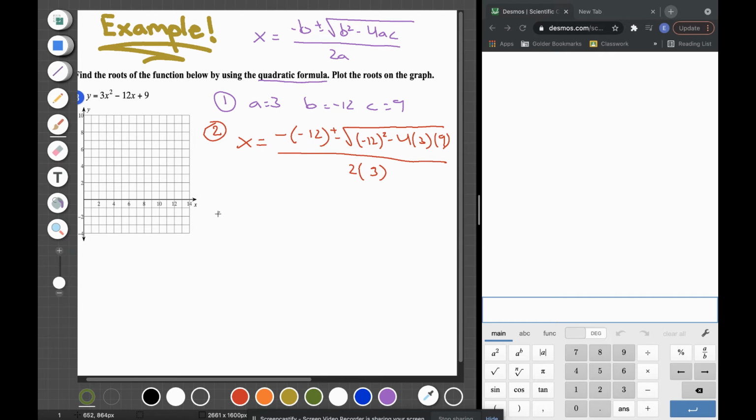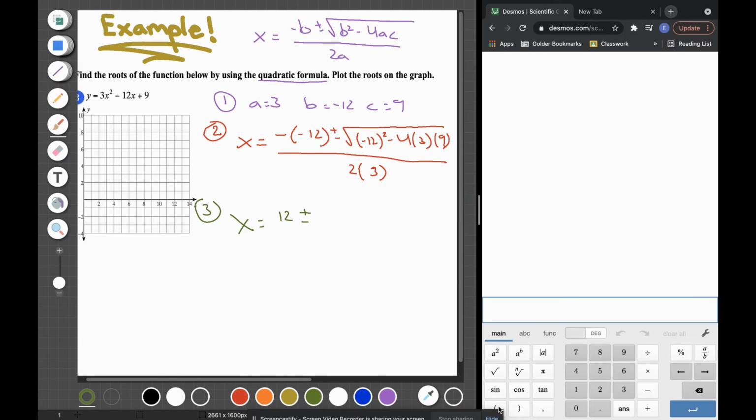Okay, next step is you're going to just start simplifying. And this is really all that you have left to do. Negative 12 becomes a positive 12. I'm going to keep my plus or minus. Then we have this big thing here under the square root. Well, I'm going to put that in my calculator. Just going to type it in exactly like this.